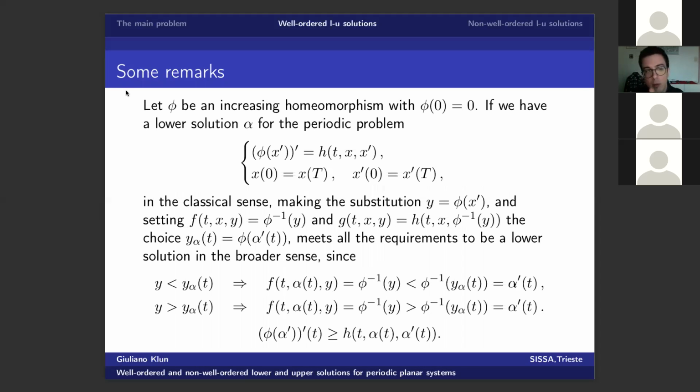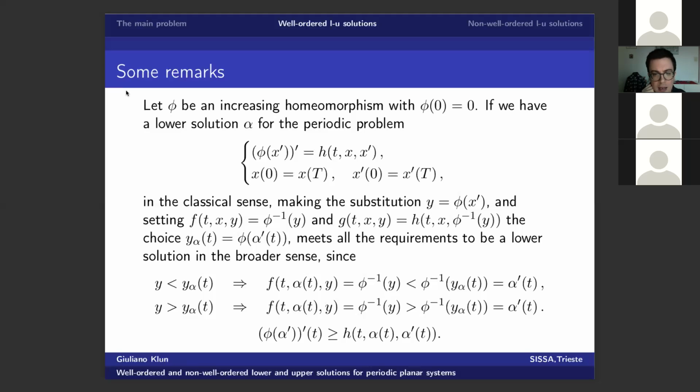Only one more remark for this part: we can also consider this kind of problem where phi is an increasing homeomorphism mapping 0 to 0. And if we have a lower solution alpha for this kind of periodic problem in the classical sense, we can make a substitution, namely y equals phi of x prime, and we can set f to be the inverse of phi and g to be h of t, x and y, and phi to the -1 of y.